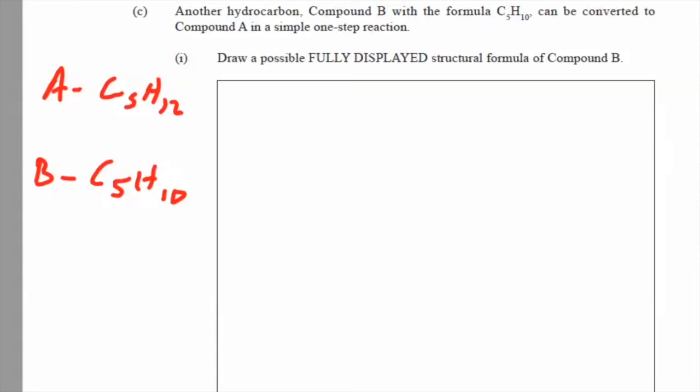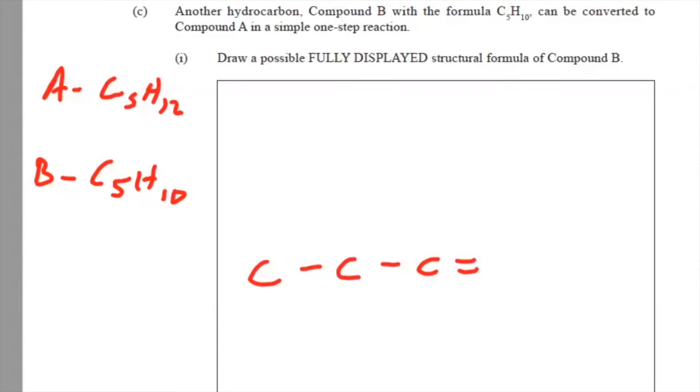Well, in order for us to get a compound with this formula, there will have to be a carbon-carbon double bond. So in compound A, we said that this was saturated. Compound B is unsaturated. So we'll still have 5 carbons, but somewhere in the mix, we're going to have to put on a carbon-carbon double bond.